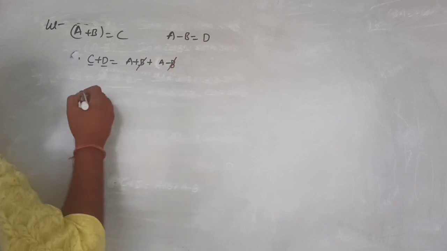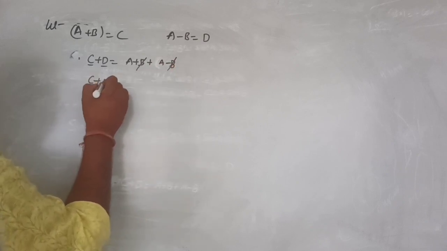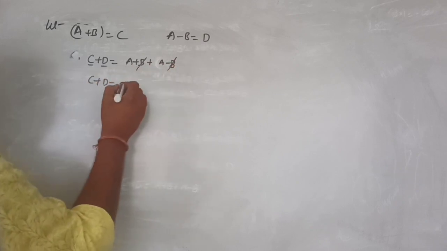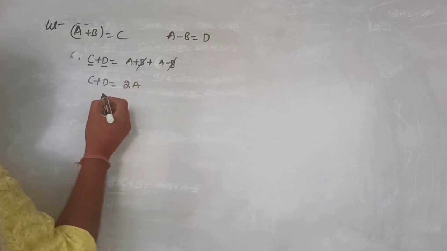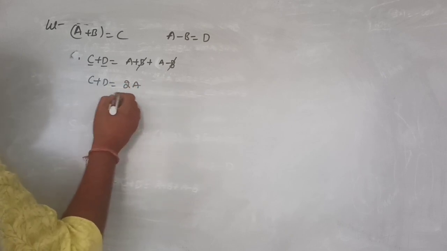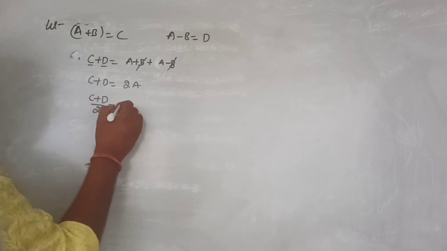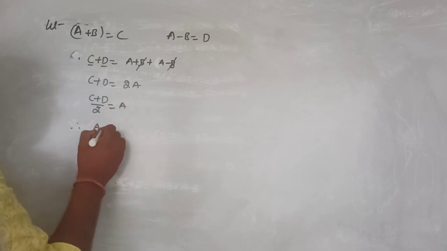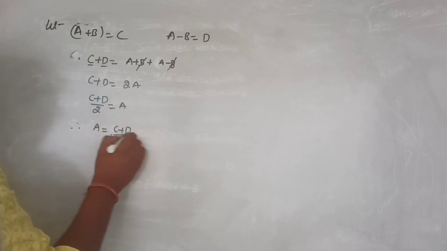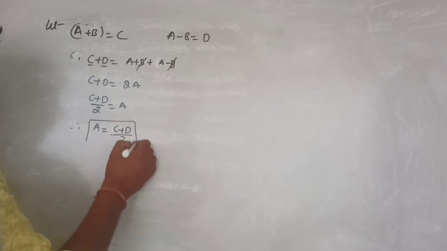Plus B and minus B cancel. So C plus D is equal to A plus A, which is 2A. So C plus D by 2 is equal to A. Therefore A is equal to C plus D by 2.